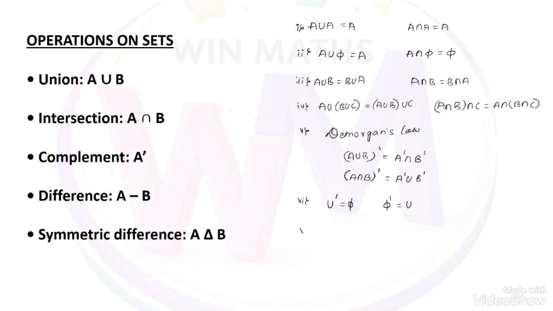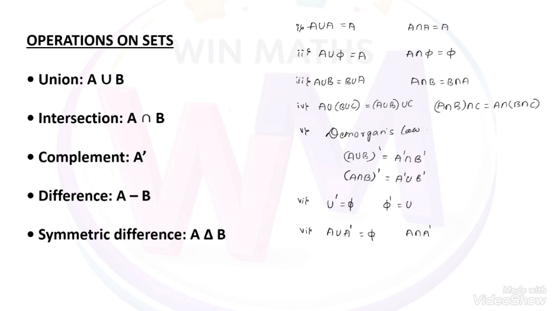Now, A union A complement. A means the set containing all the elements. A complement means there are no similar objects to A, the null set. Then what about A intersection A complement?